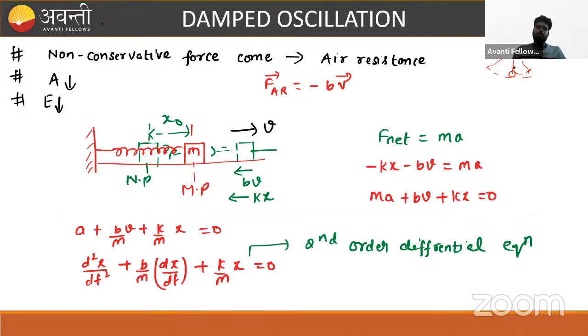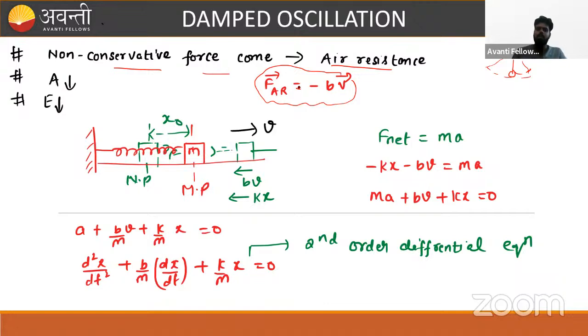When this type of study comes into the picture, where damping is involved, the physical meaning of damping is friction. So what is damped oscillation? It is when a non-conservative force comes into the picture, such as air resistance. And we know this resistive force is always opposite to velocity. In this way we can find the magnitude of the resistive force.